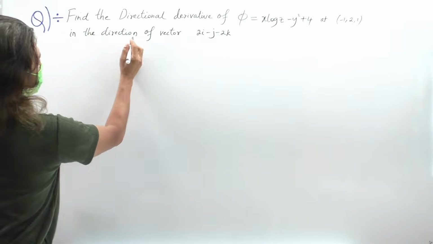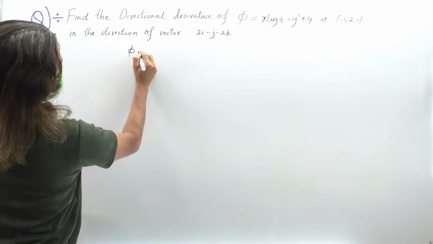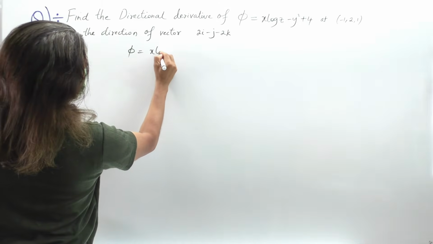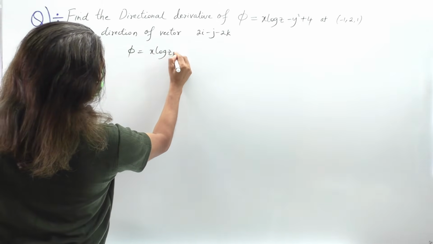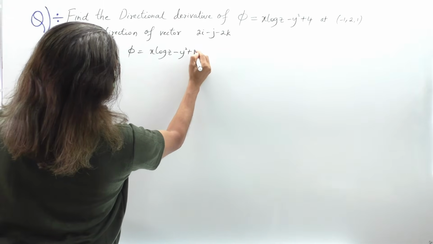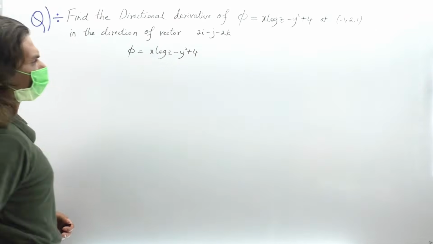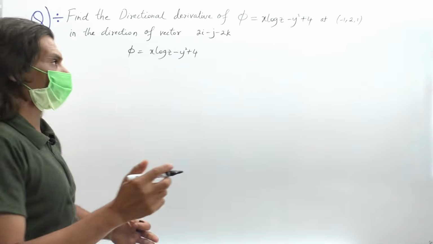So we have the surface here as phi is equal to x log z minus y square plus 4. Now for this surface phi, we need to find del phi.